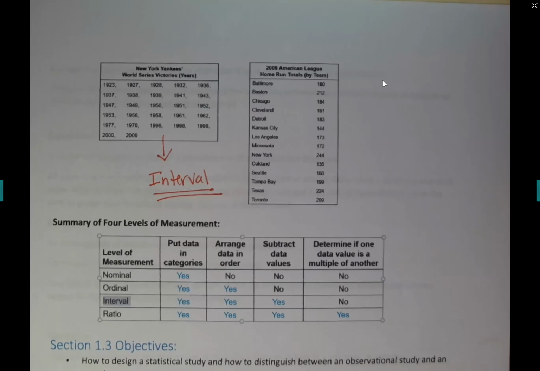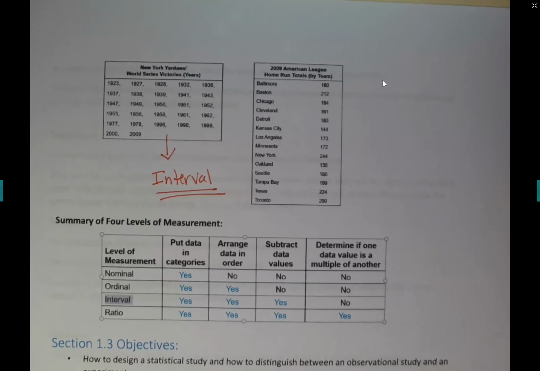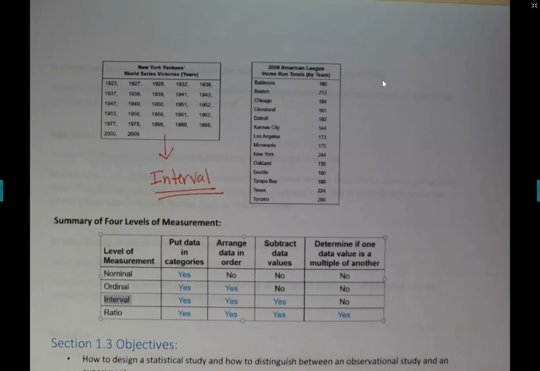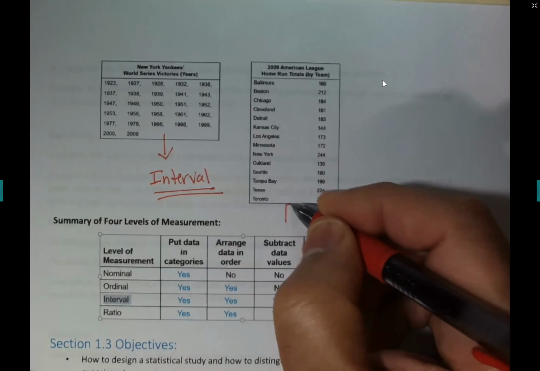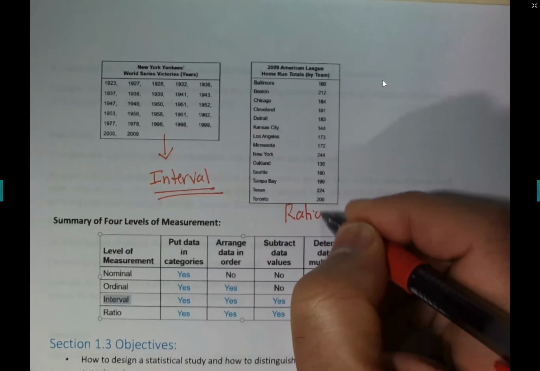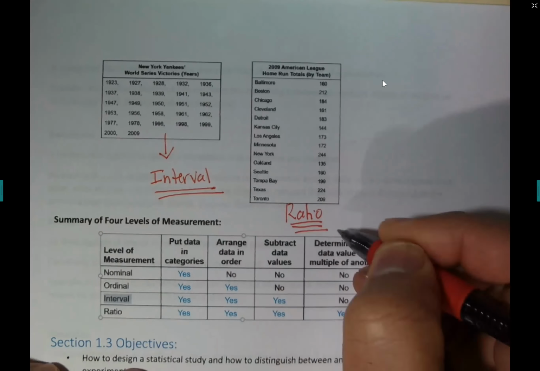Okay. These are the home run totals, guys. Baltimore has 160 home runs. Like, let's say Chicago has 80 home runs. You can say Baltimore has twice as many home runs as Chicago. So what do you think this is called? Ratio. Ratio level. Can you differentiate?